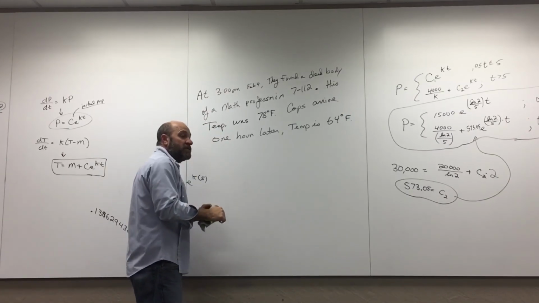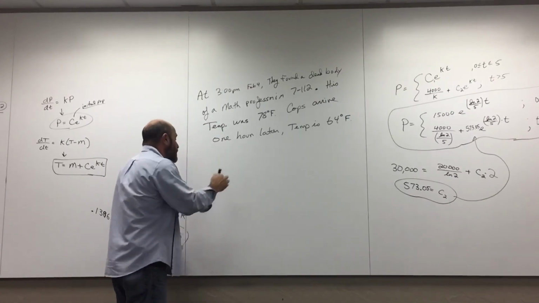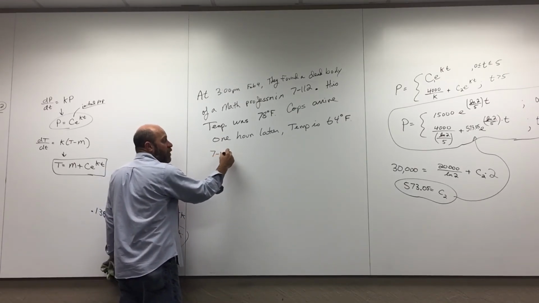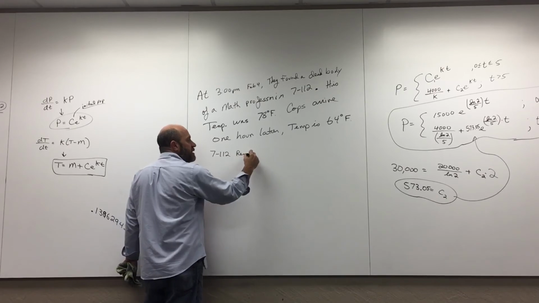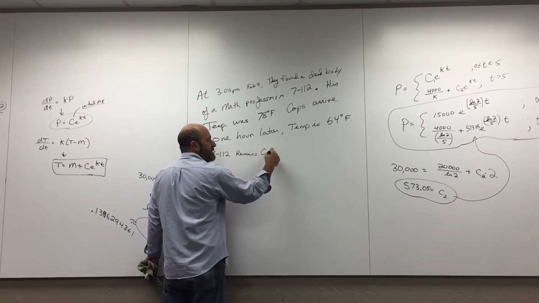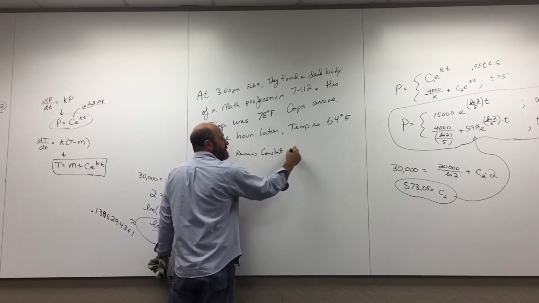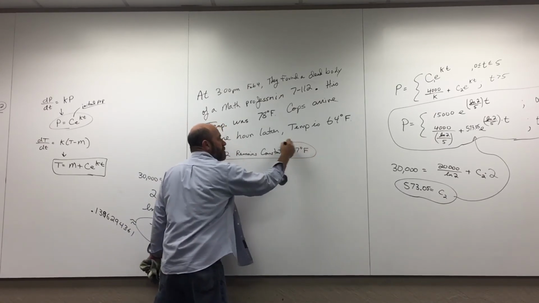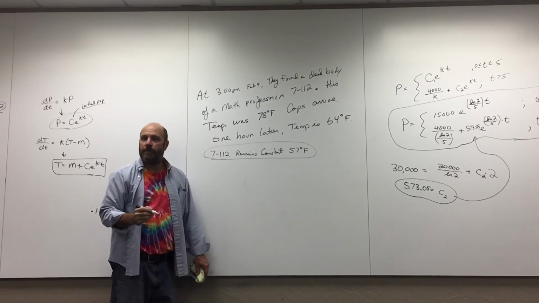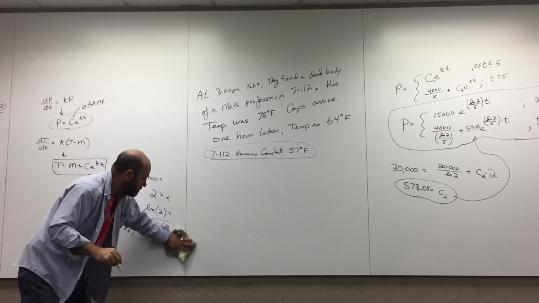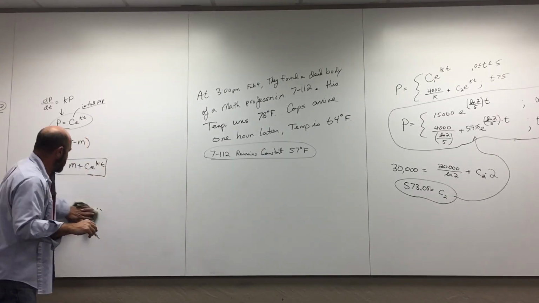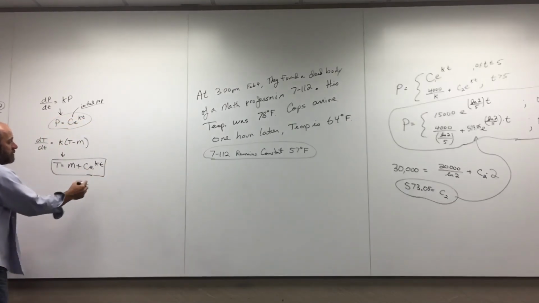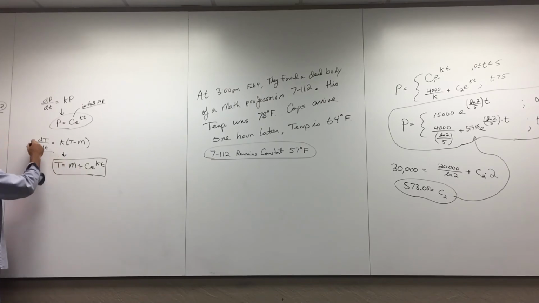See, maybe you understand what's going on here. Oh, and by the way, let's just say this room, 7112, remains a constant 57 degrees Fahrenheit. That's the temperature of this room. Well, this is our model, and this was the differential equation.